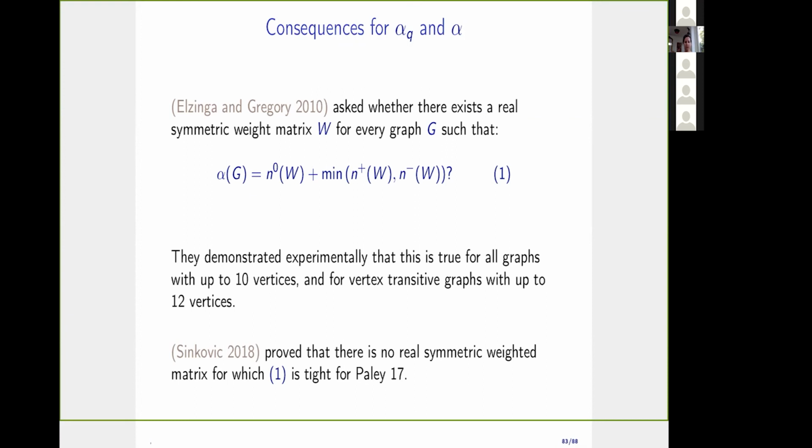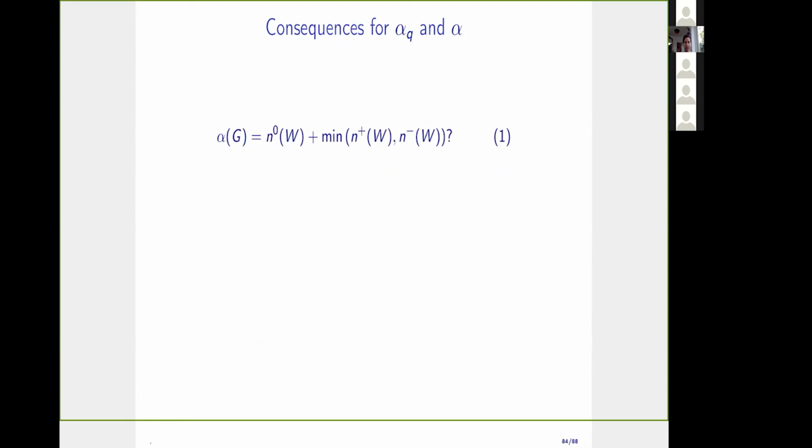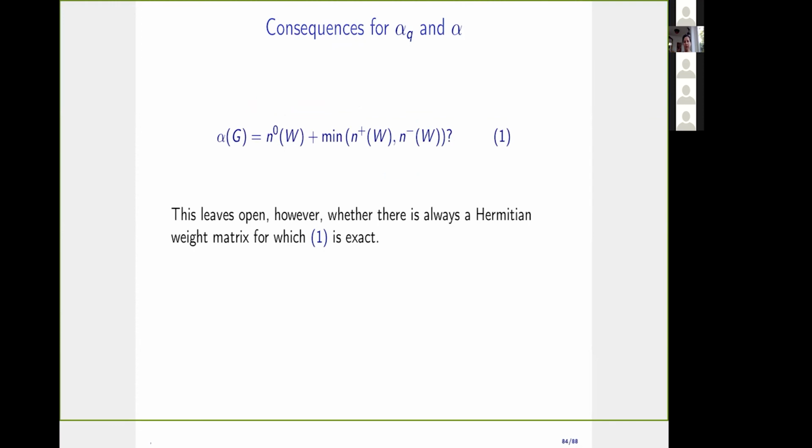And recently Sinkovic proved that there is no such real weighted matrix for which the bound is tight for the Paley 17 graph. But this still leaves open whether there is always a Hermitian matrix for which this equality is tight.